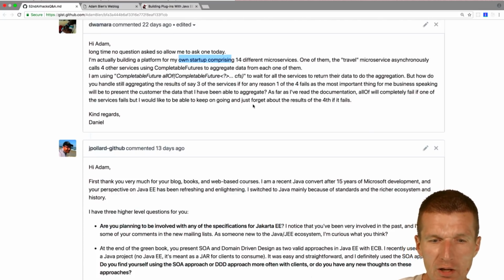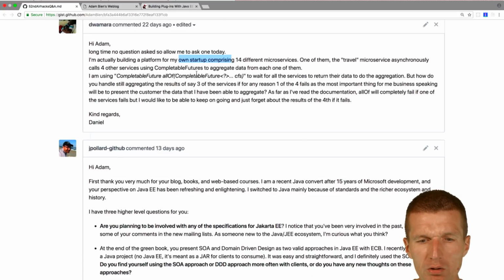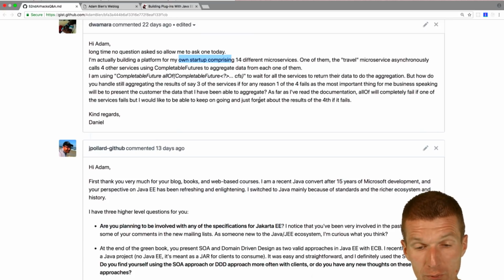And he asked me, okay, he would like to call multiple microservices from one service, and if he uses CompletableFuture.allOf, the four microservices are called, and if one fails, the whole thing fails. What he would like is to have the majority. So he would like to call 3 services out of 4, and if 3 succeed, then it is successful.